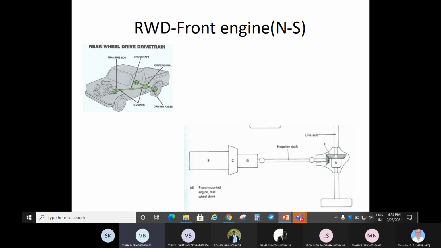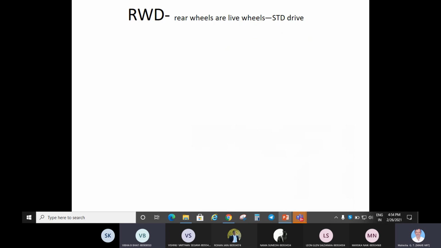Okay. Yes, sir. So you have to write a brief explanation as I explained. These are some of the keywords that you can use while writing about them. Some beam type of rear axle is used that assembles the final drive. Final drive is provided at the back.